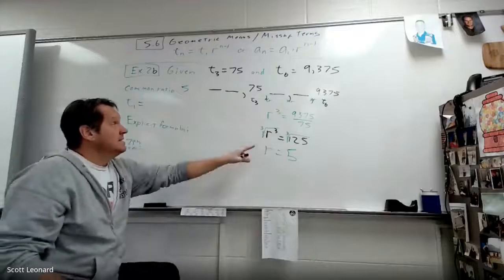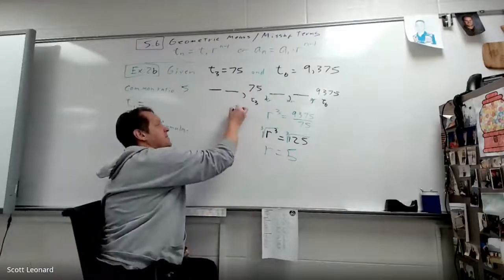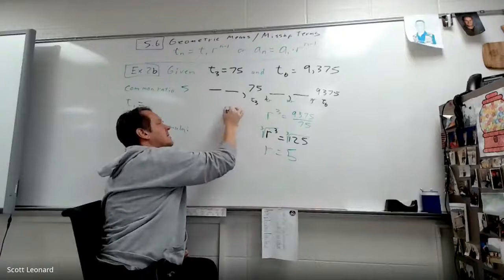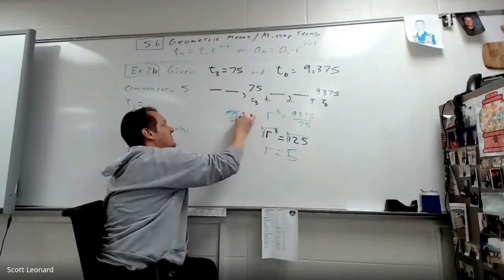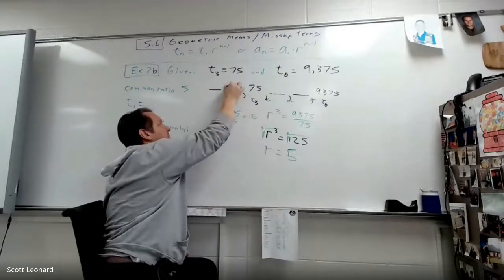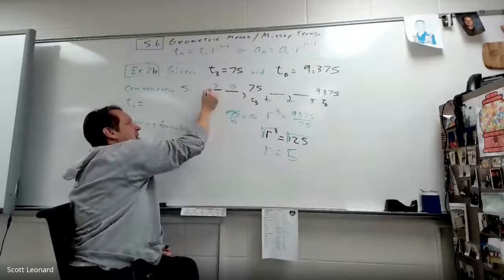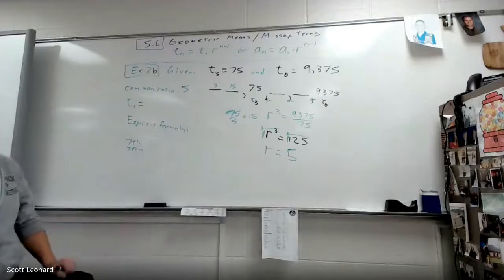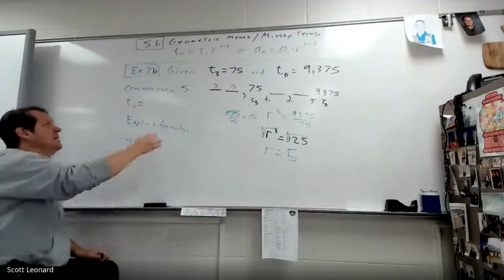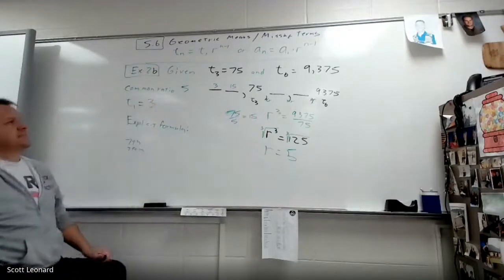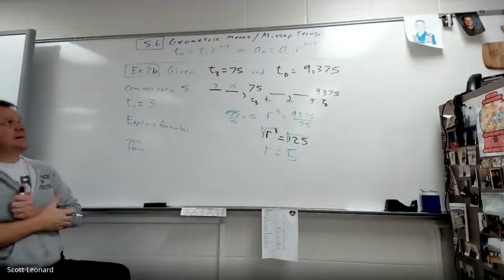All right? 75 divided by 5 is 15. Okay? 15 divided by 5 is 3. So our first term is 3.